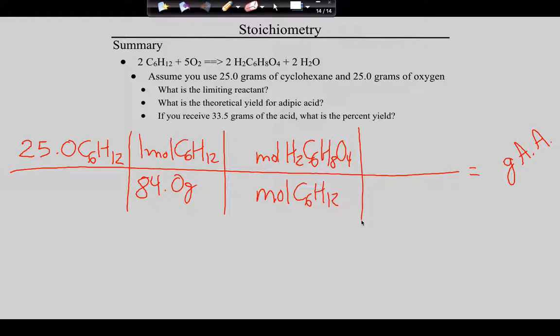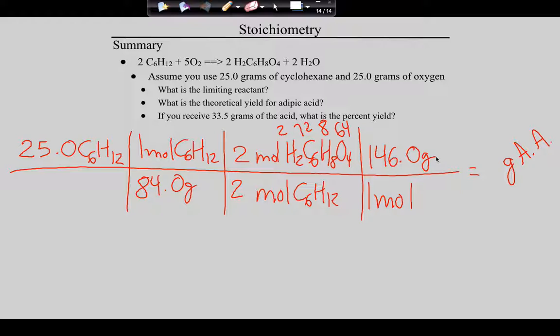Is it 2 to 2? And then 1 mole of this adipic acid is 146.0 grams.